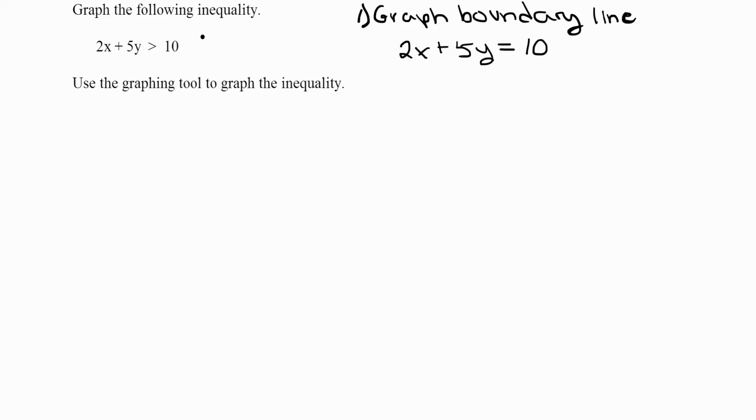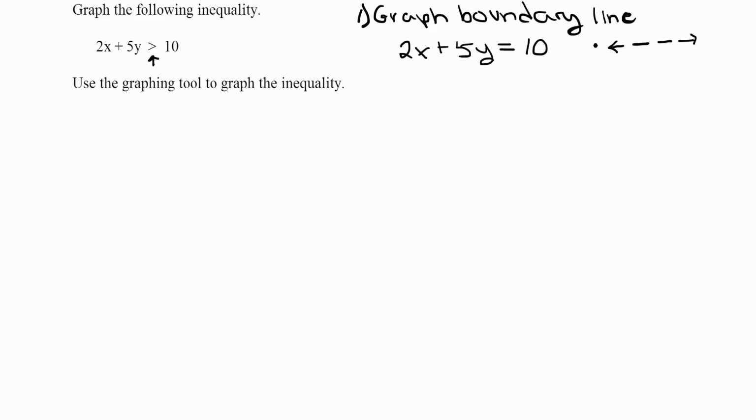We can determine this by looking at the inequality symbol. In this case, our inequality symbol is only greater than. It's not greater than or equal to, which means the points on the line are not also part of the solution. So we're going to be graphing this as a dashed line.